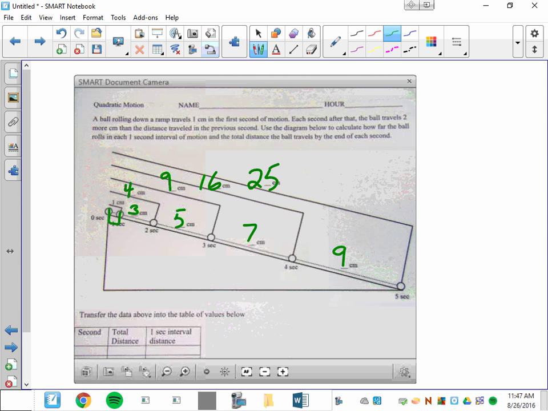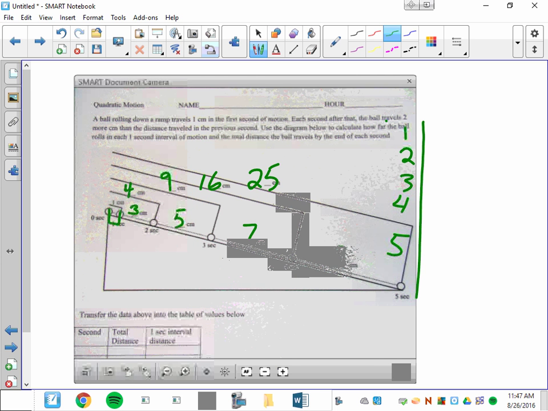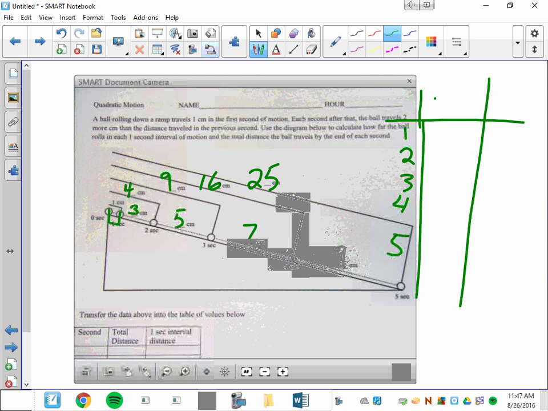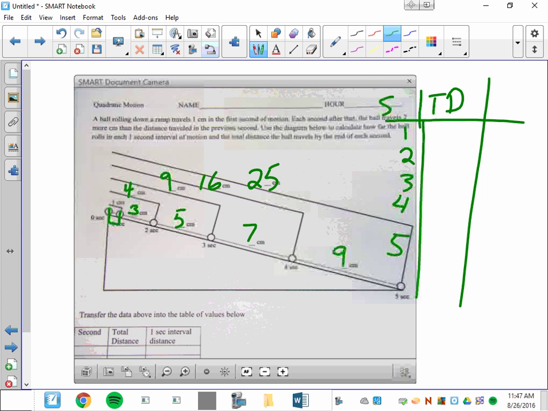25. So there's a table of values below, and I'm just going to write mine off to the side because I don't have room. So we have at the end of second 1, 2, 3, 4, and 5. And then total distance. So these are seconds, total distance, and then interval distance. Does it go up to... Oh, sorry. 6, 7.